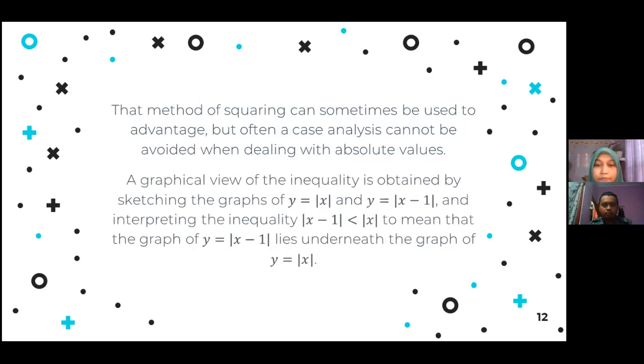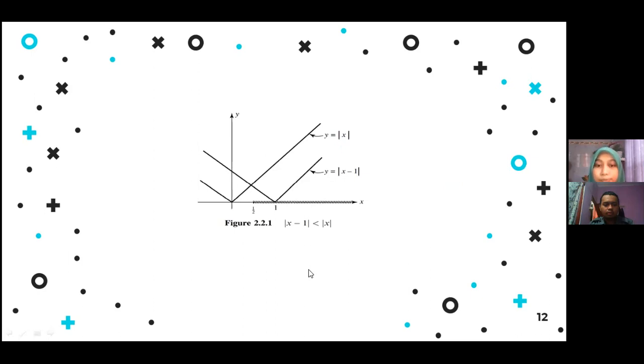A graphical view of the inequality is obtained by sketching the graphs of y equals the absolute value of x and y equals the absolute value of x minus 1, and interpreting the inequality of the absolute value of x minus 1 less than the absolute value of x to mean that the graph of y equals the absolute value of x minus 1 lies underneath the graph of y equals the absolute value of x. We can see this in figure 2.2.1.